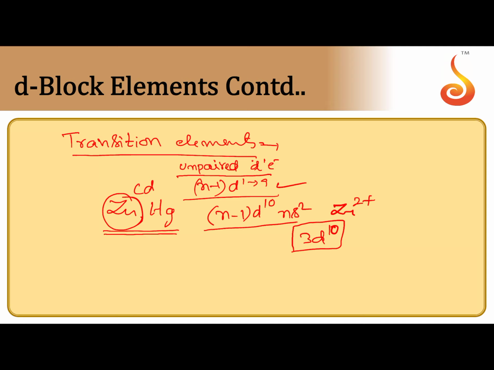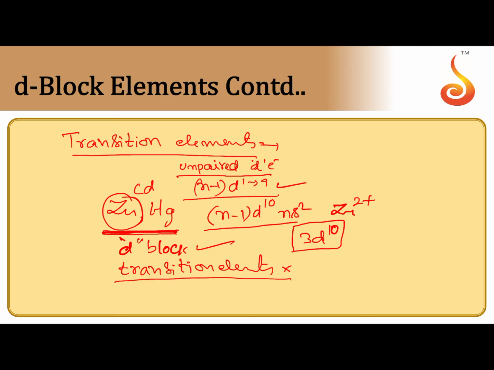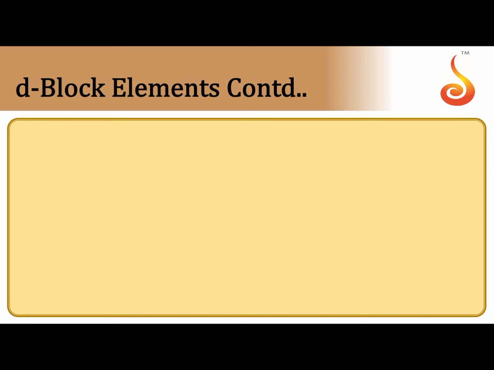So, zinc, cadmium, mercury do not exhibit the characteristic properties of transition elements. That is why 12th group elements zinc, cadmium, mercury are D block elements, but not transition elements. You have to remember that. So, all transition elements are D block, but all D block elements are not transition elements.